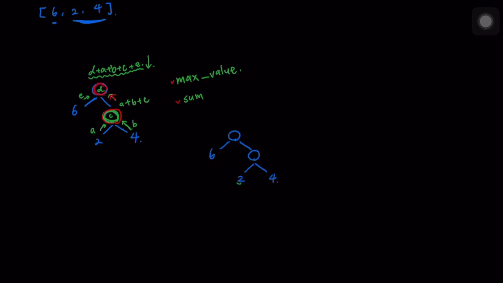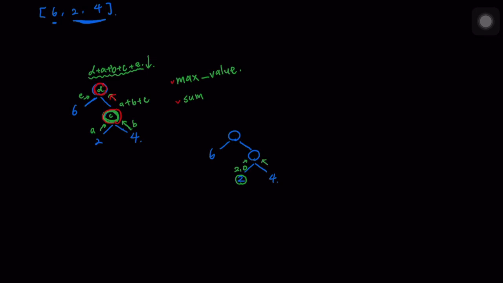So for this node, the maximum value is 2 and the sum is 0, because we don't want to include the leaf node in our sum. So when it is a leaf node, it will return a 0 to its parent.